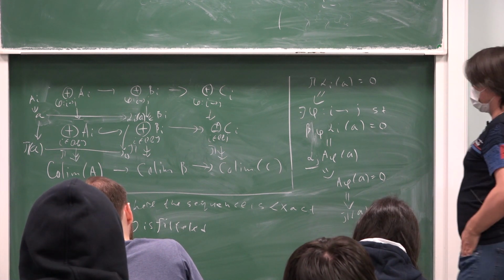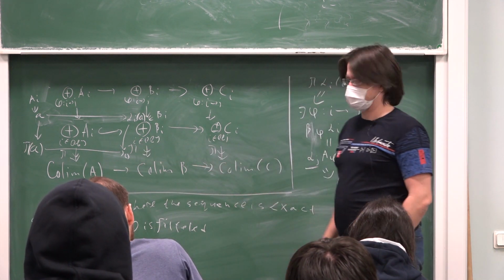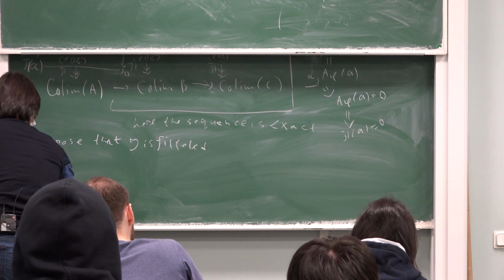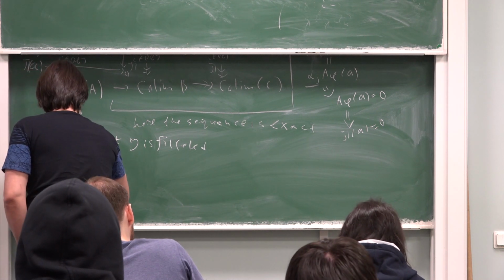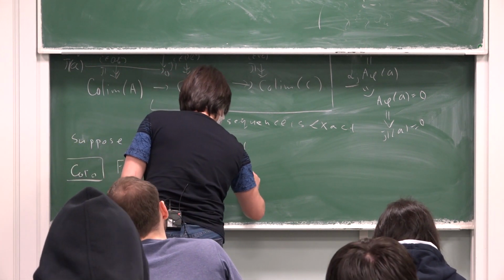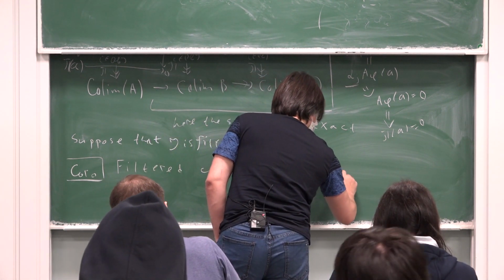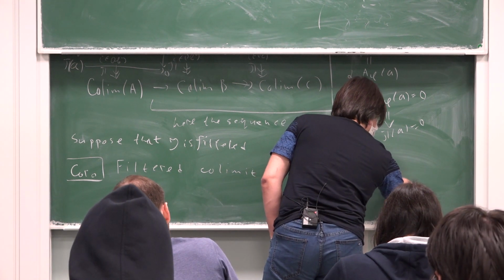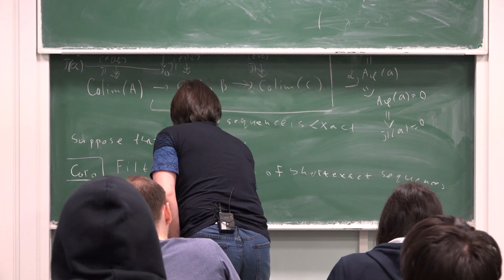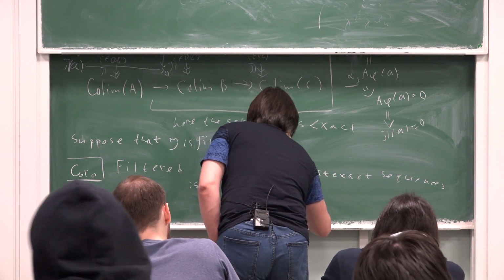If we have a filtered colimit of short exact sequences, then we have a short exact sequence.